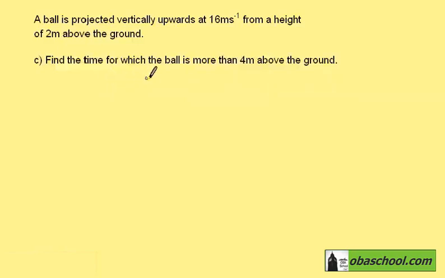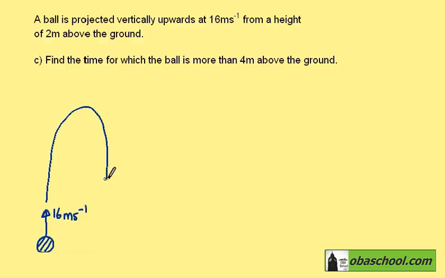We now want to find the time for which the ball is more than 4 meters above the ground. Remember that the ball is projected from 2 meters above the ground, and it's projected upwards at a speed of 16 meters per second.